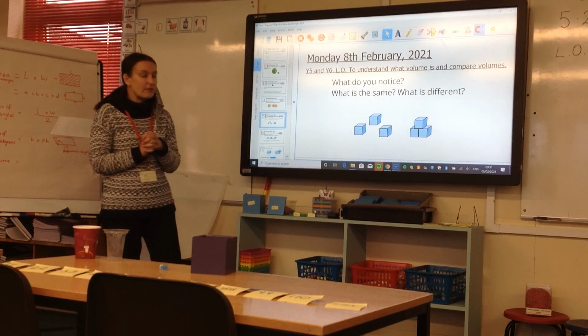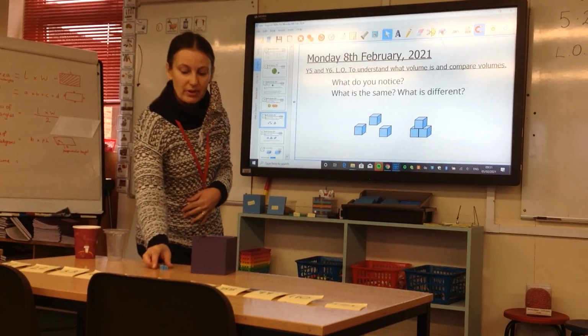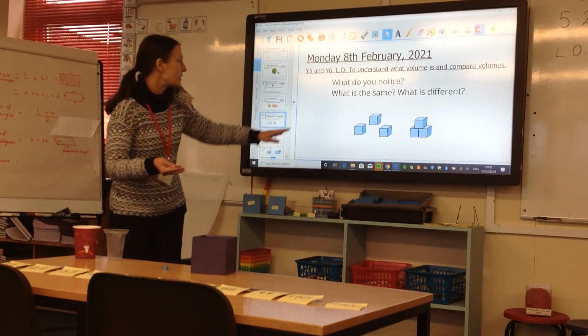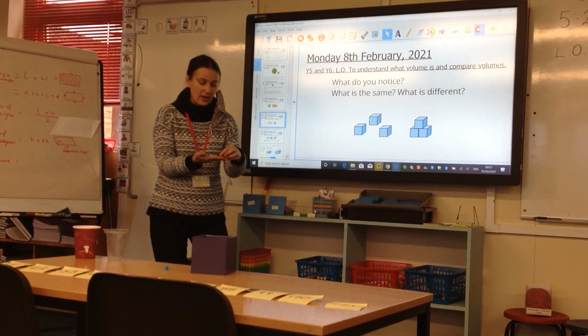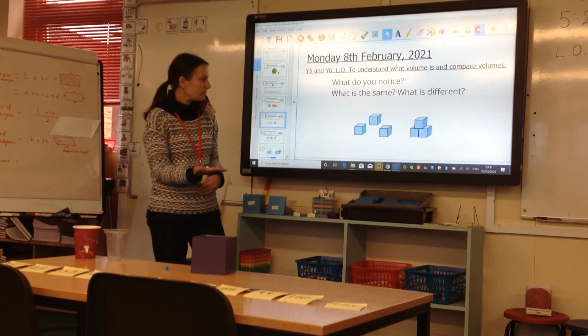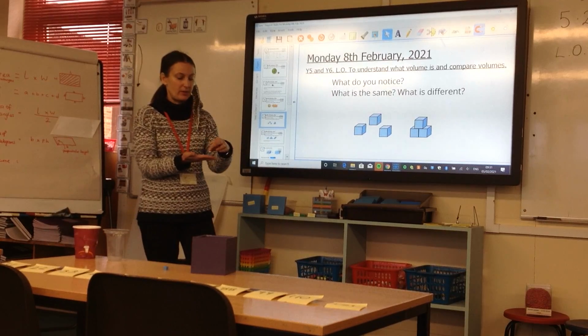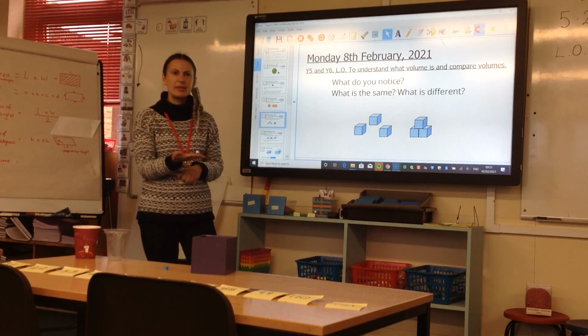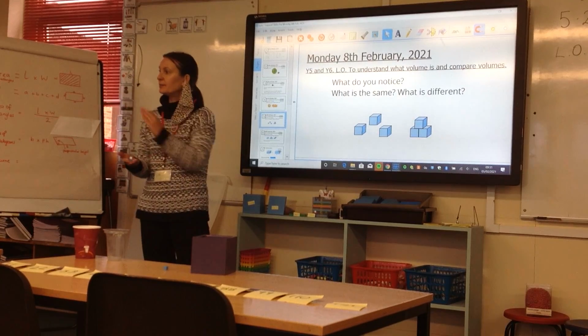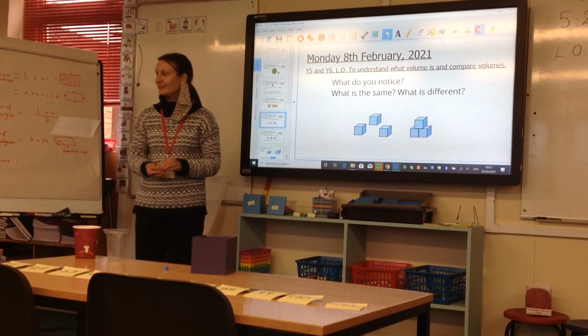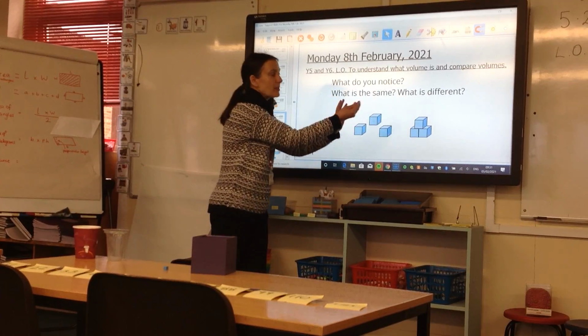Okay, so here we've got 3 little cubes. This set here, can you see? They are separate. And this one here, they're in a certain arrangement. What do we notice? What's the same? What's different? Yes? One's apart, one's solid. Yeah, one's all apart and then one makes up one solid.